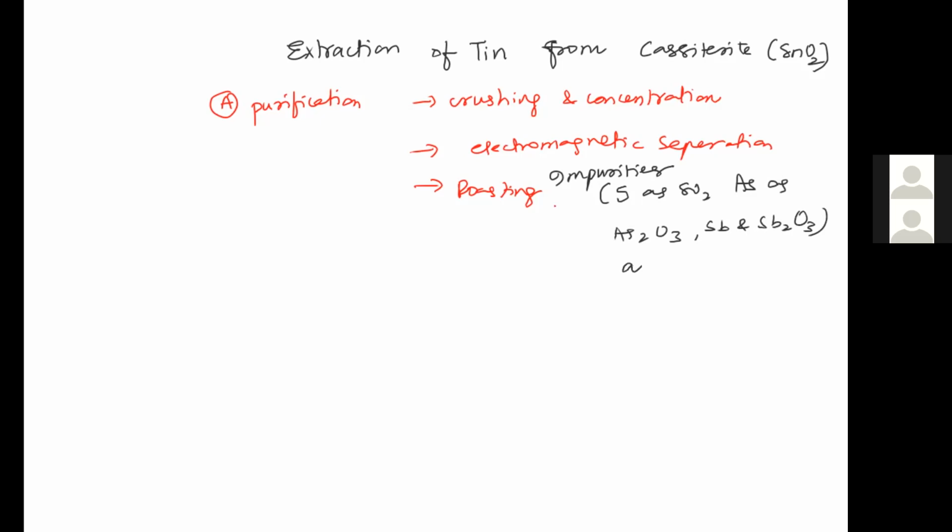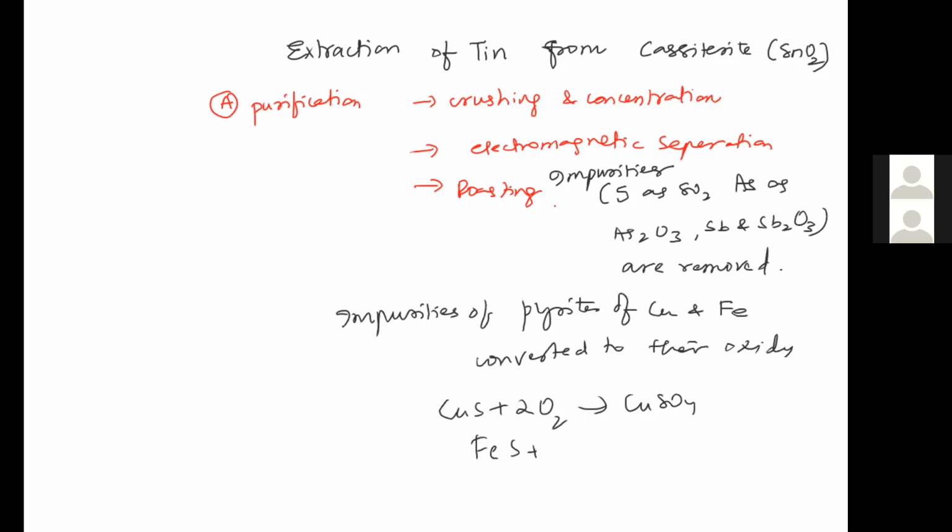Other impurities, pyrites of copper and iron, are converted to oxides and sulfates, like CuS plus O2 gives CuSO4 and FeS plus O2 gives FeSO4. That is the roasting.